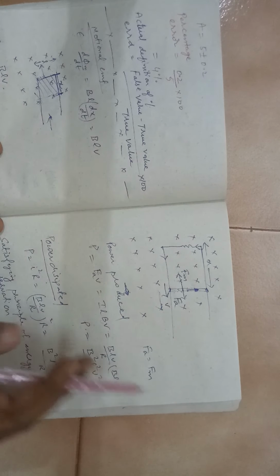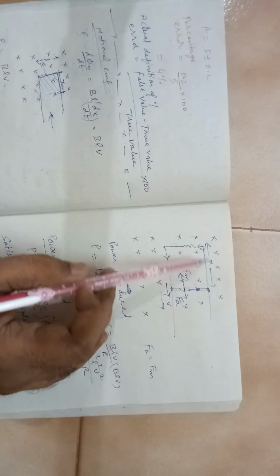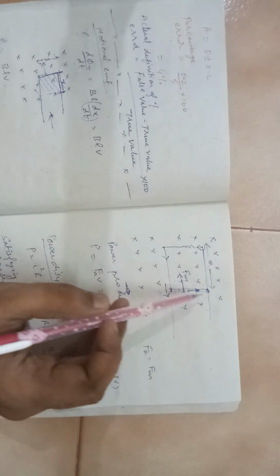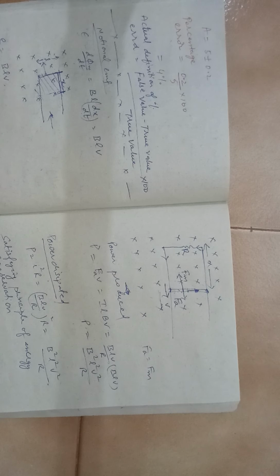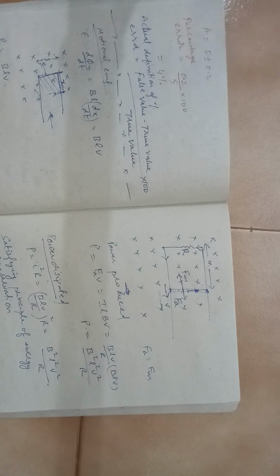So if I want to know, because there is a current induced in this circuit, in this loop which has a resistance R, let us say, what will be the direction of the current, you have to use the right hand thumb rule. Here the existing magnetic field is shown as a cross.